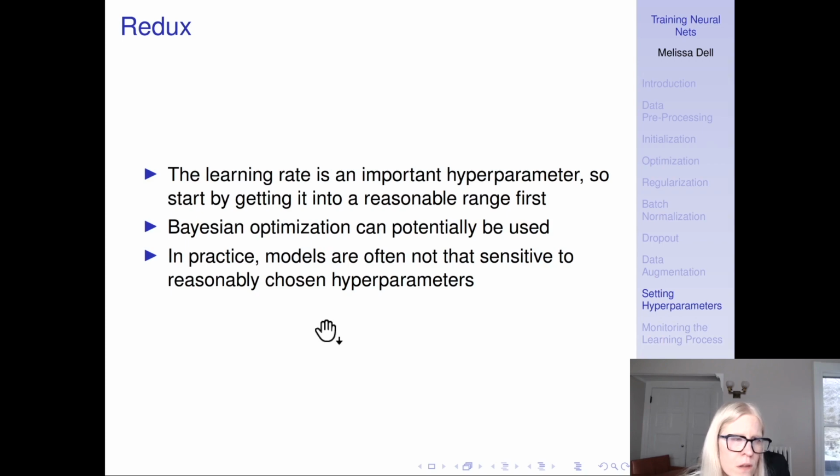All right, so the learning rate is an important hyperparameter. Bayesian optimization can potentially be used, and it's very straightforward to do that in Weights and Biases. And I'd really recommend in general using Weights and Biases.